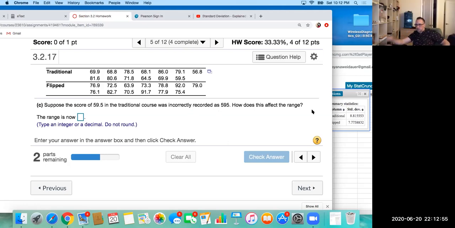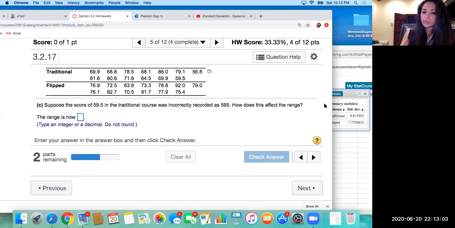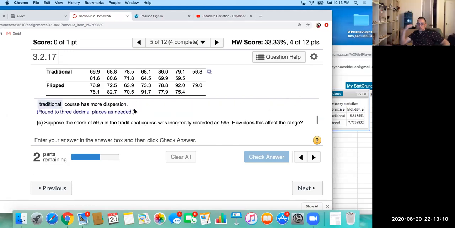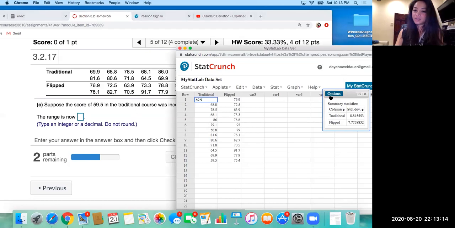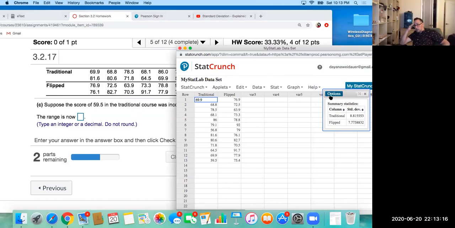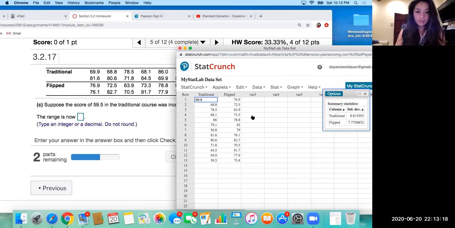How does this affect the range? Well, obviously it's going to make the range bigger. You just move 1 decimal point. So the range is... If I was you, I would just replace that number. Do it, right? Until I feel comfortable. 59.5.